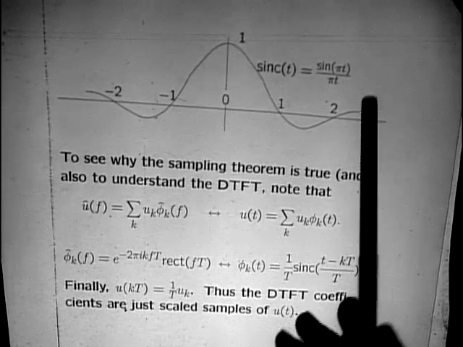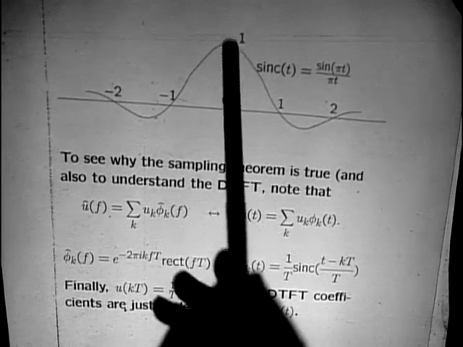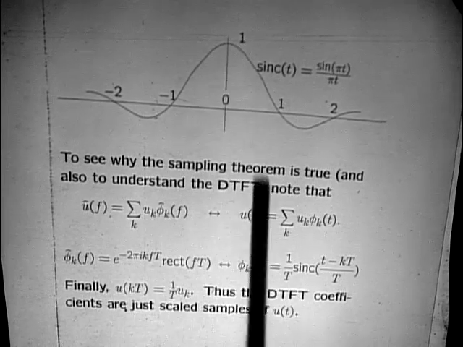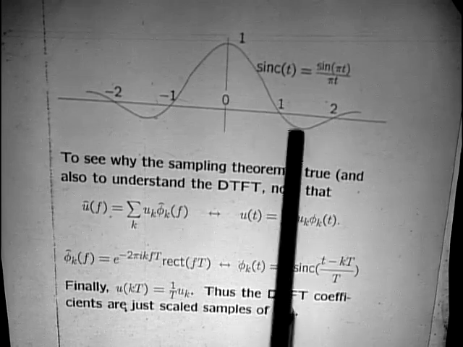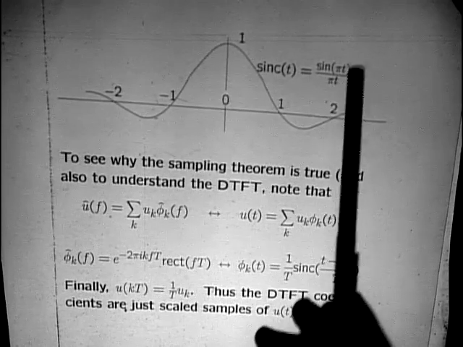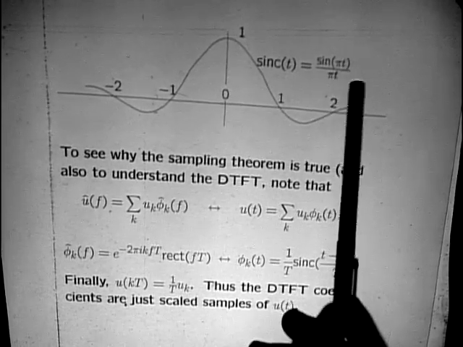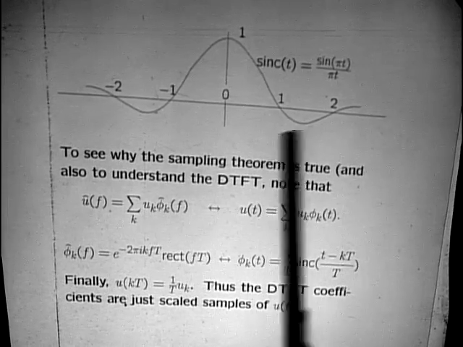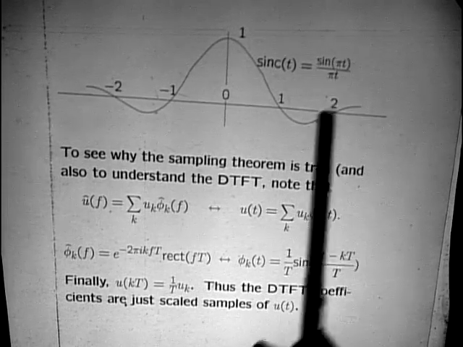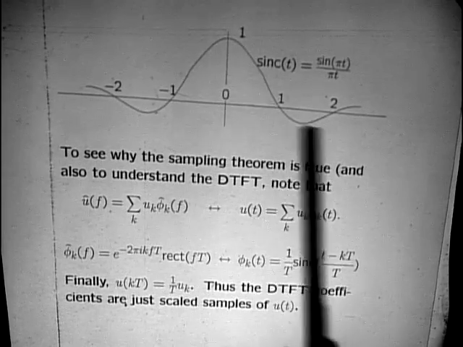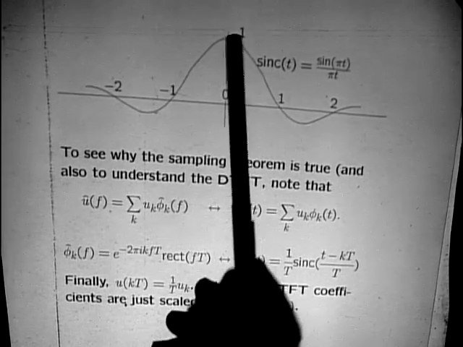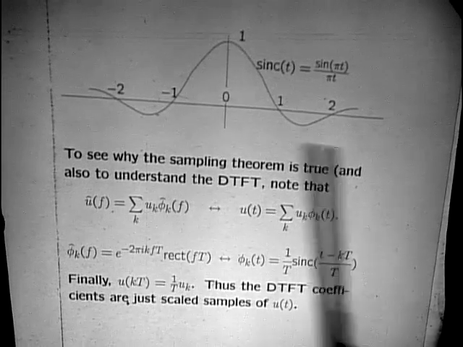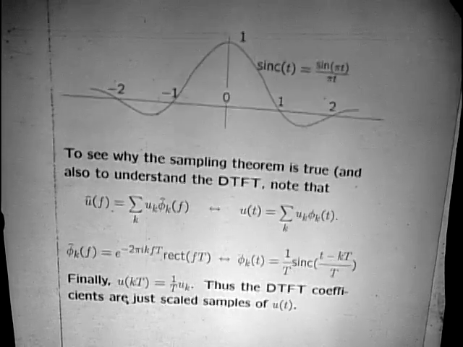And when you divide pi t by pi t, you get 1. So that's its value there. At every other sample point, namely at t equals 1, sine of pi t is 0. At t equals 2, sine of pi t is equal to 0. So the sinc function is 1 at 0, and it's 0 at every other integer point.